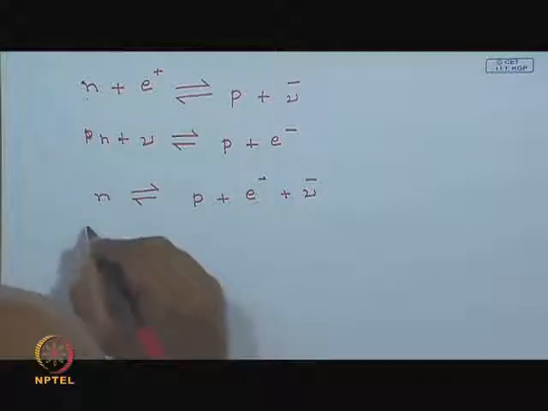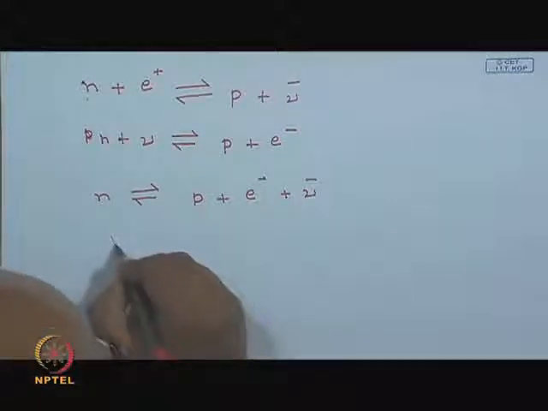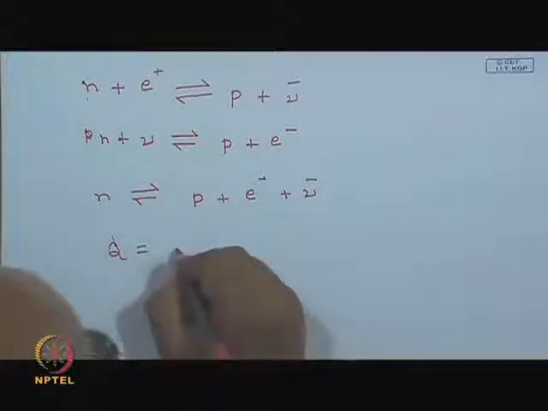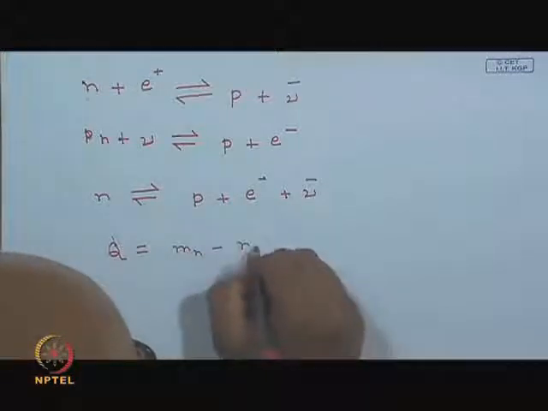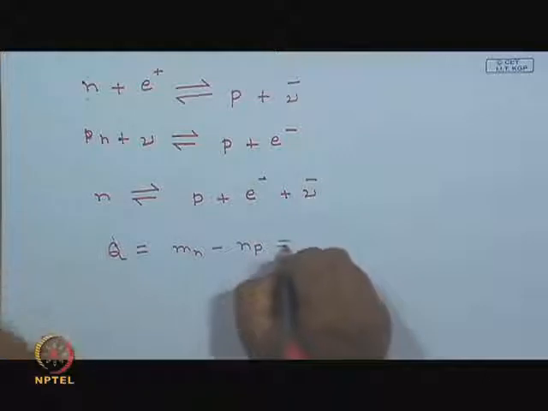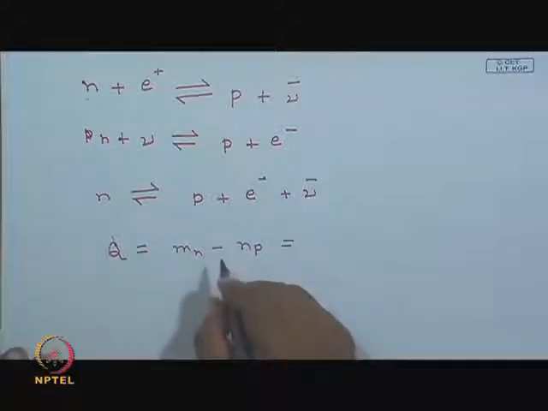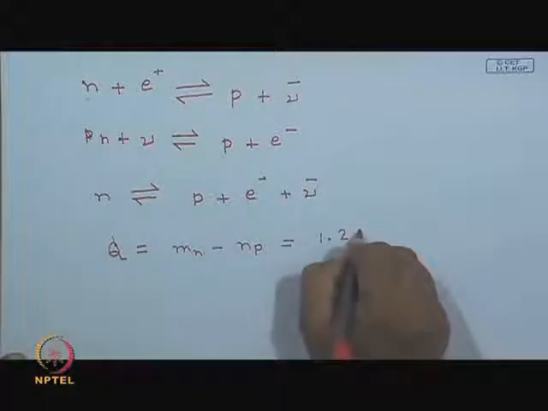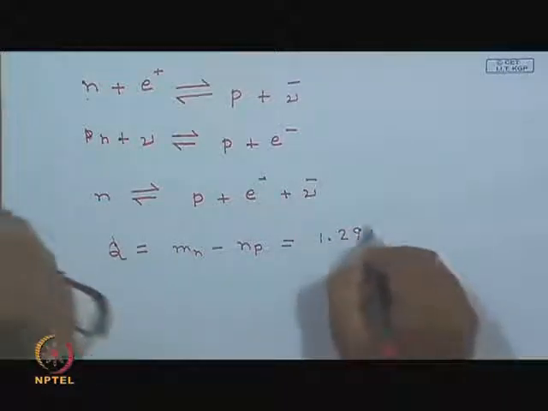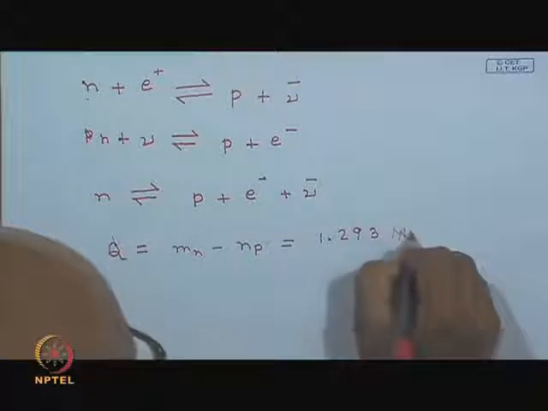The mass difference Q between these two is essentially the difference. The neutron has a larger mass than the proton, and this has a value of 1.293 MeV.